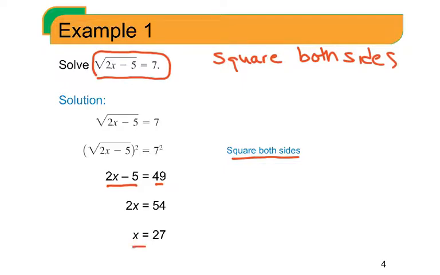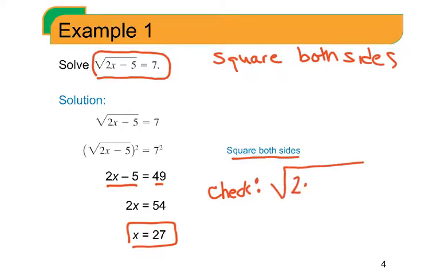Then we solve for x. We find that x equals 27. Well, does that work? Let's check. If we plug 27 in there, 2 times 27 minus 5 equals the square root of what? Well, what is 2 times 27? That's 54.